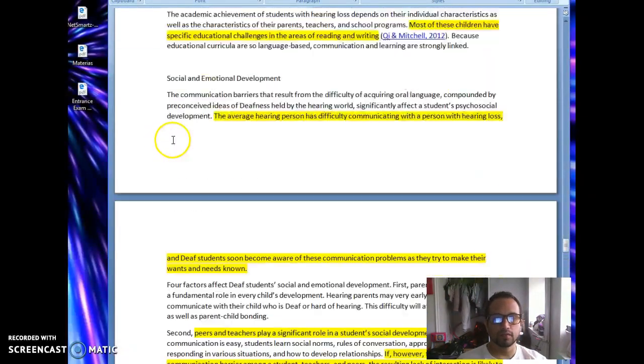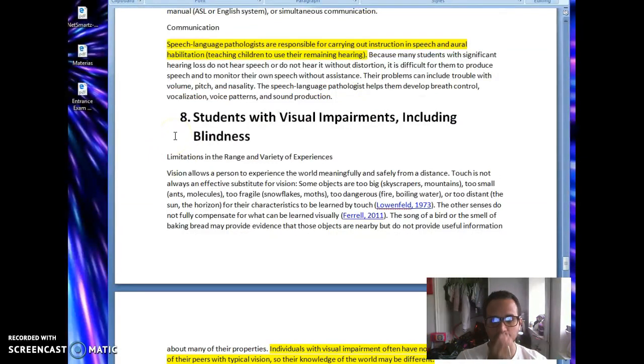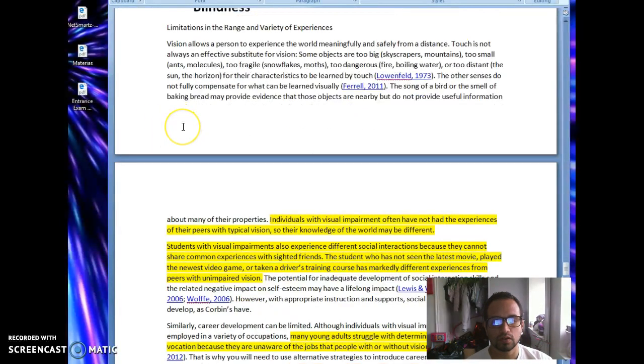the information being presented. Number 8 are students with visual impairments, including blindness. So students with these issues, what I learned from it is that they don't have the same experiences as many other students.